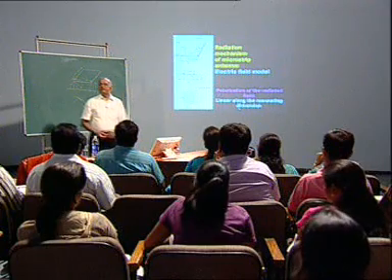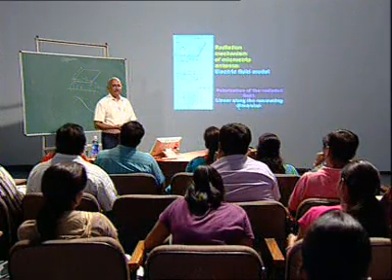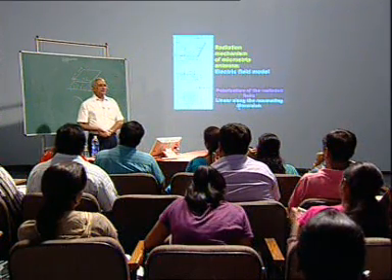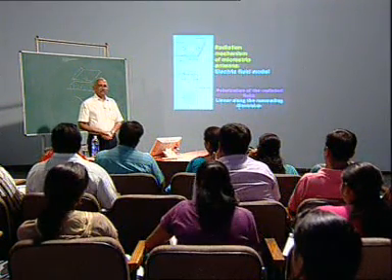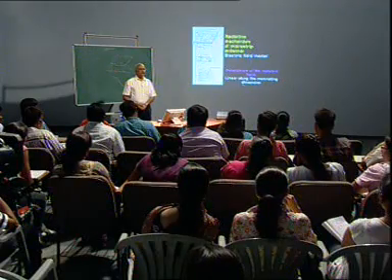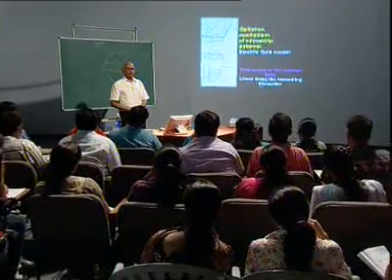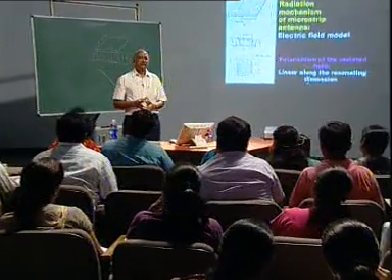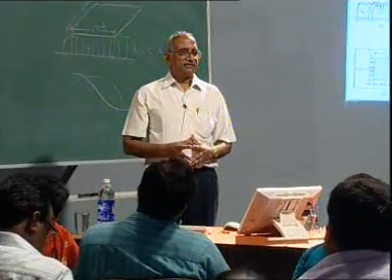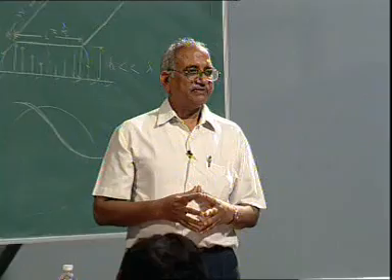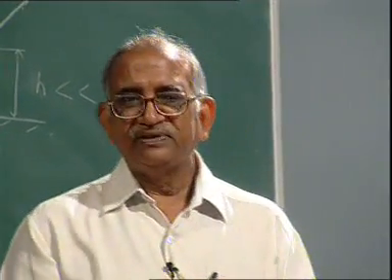Okay. When we talk about mode, I think we will have to go back to your undergraduate rectangular waveguide. In a rectangular waveguide, the dominant mode is TE10, transverse electric, and when we say mode, it means the field distribution, the various components of electric field and the magnetic field, how they are varying along the cross section of the waveguide.